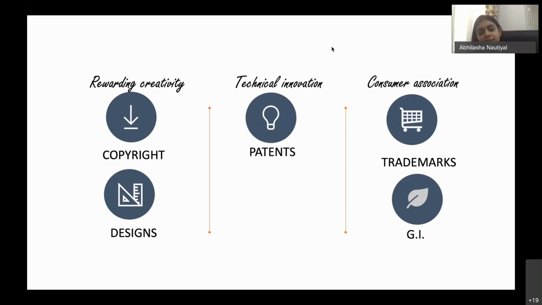Then we will talk about technology and technical innovation. They come in patents. And the third category is consumer association, where you protect what consumers come to believe or come to rely upon as indicators of quality of course. Then you have trademarks and geographical indication.